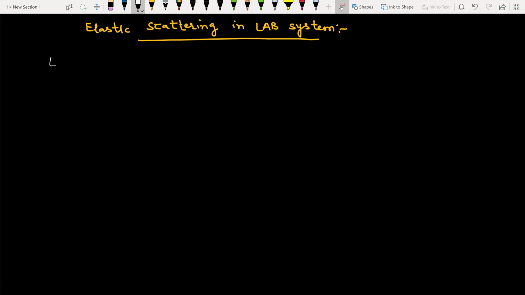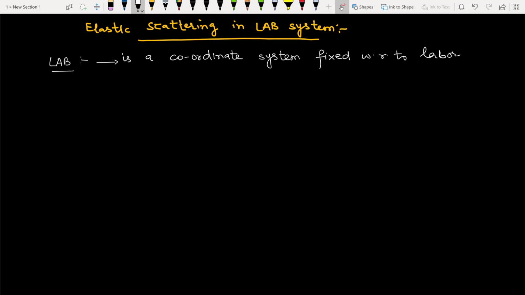So lab system is a coordinate system fixed with respect to the laboratory or the observer.